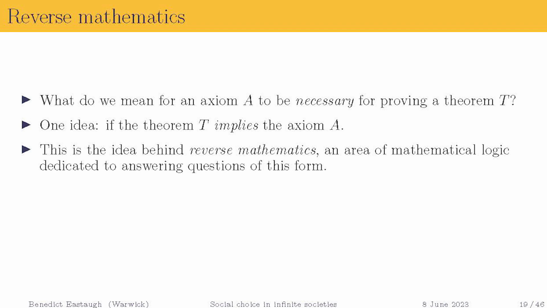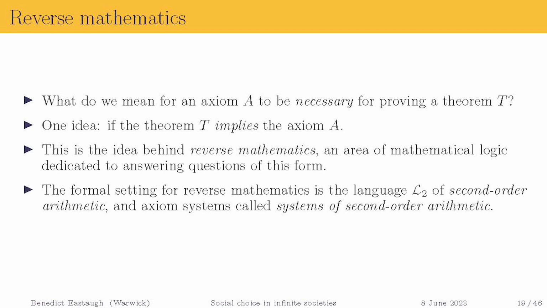So in working with this, we're going to be able to place things like the Fishburn possibility theorem, the Kirman-Sondermann theorem, Arrow's theorem, into this well-understood universe of results and say exactly where in this hierarchy of principles these things work out to be. So the formal setting is a language called L2 of second-order arithmetic and axiom systems called systems of second-order arithmetic.